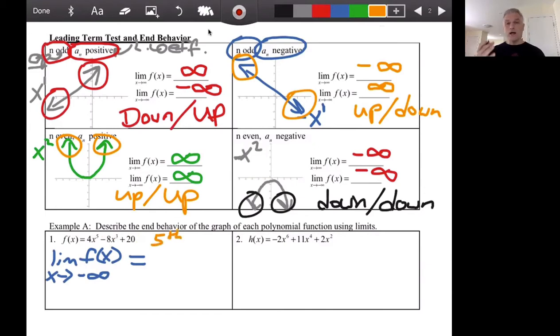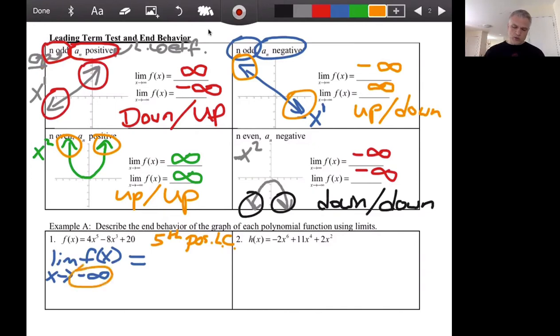which means it's an odd degree. And the leading coefficient is a positive 4. So positive leading coefficient, that's my LC. So it's 5th degree, positive leading coefficient. So odd, positive coefficient. That tells me it's a down-up. So down to the left.